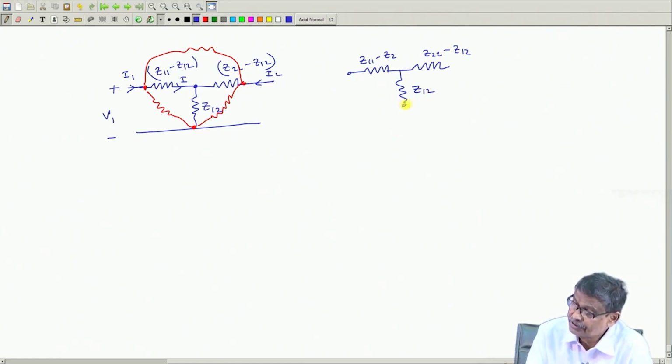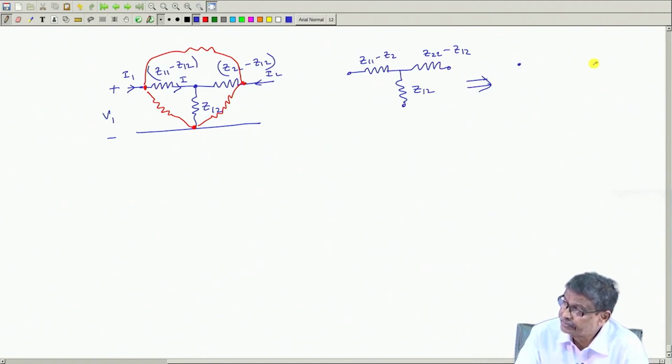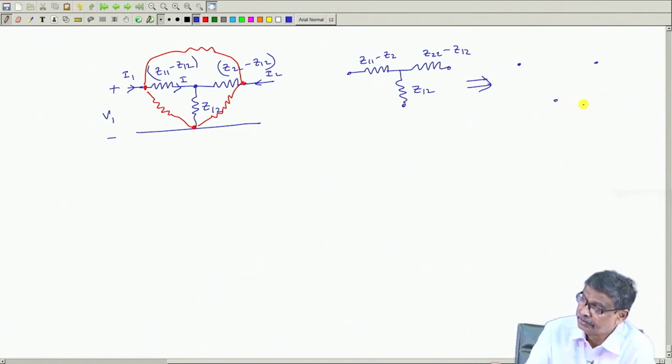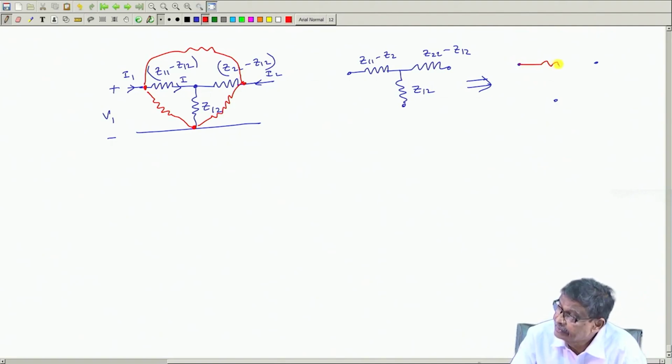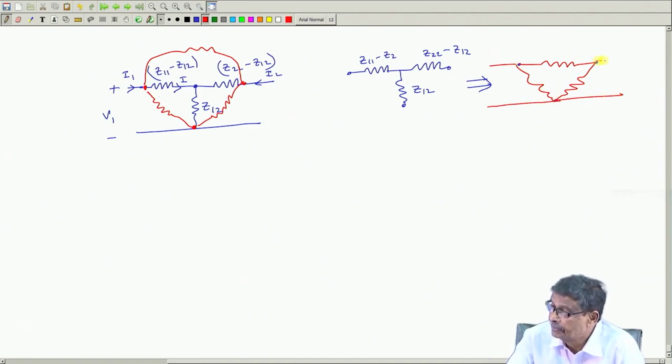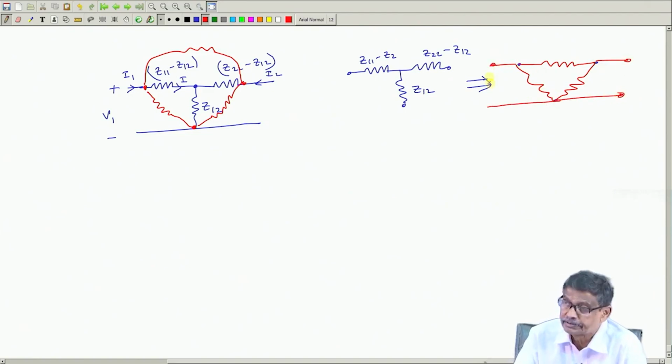With respect to these three points, which I cannot touch, this is a three terminal, two port network. This can be drawn as a circuit like this, is it not? That is what I told you. This is my input port and this is my output port, the input port remains the same. With respect to the input and output ports, you can draw it like this.